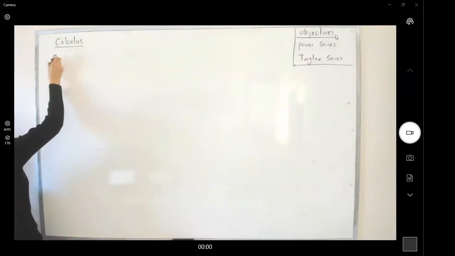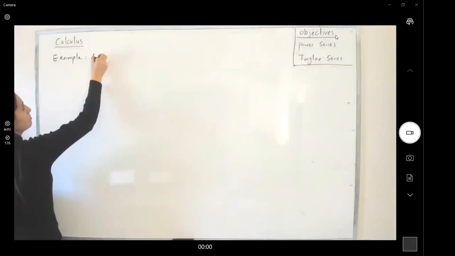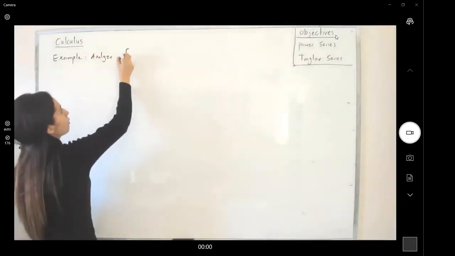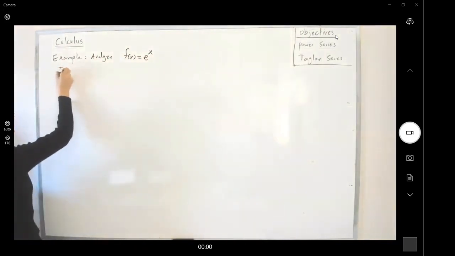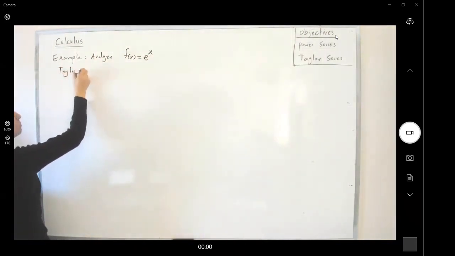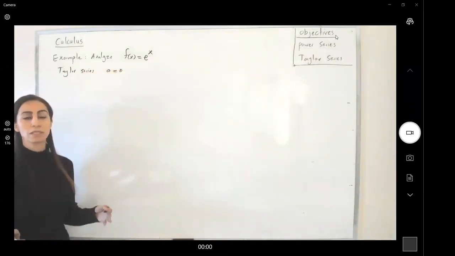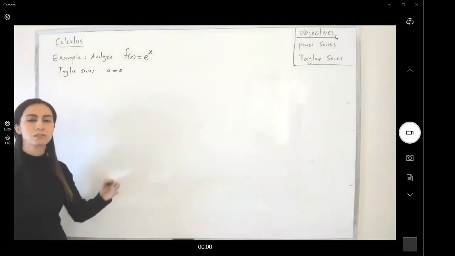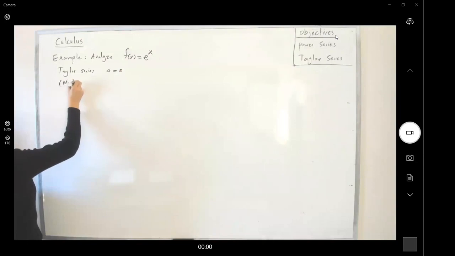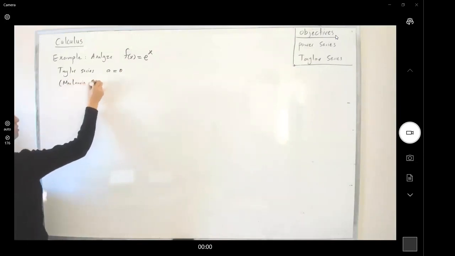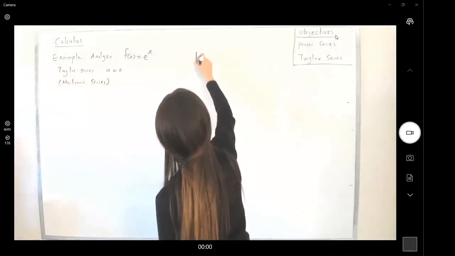Example: analyze f of x equals e to the x Taylor series when a is equal to 0. Since a is equal to 0, this Taylor series is called a Maclaurin series. It doesn't matter. Maclaurin series. And then you write this one here.